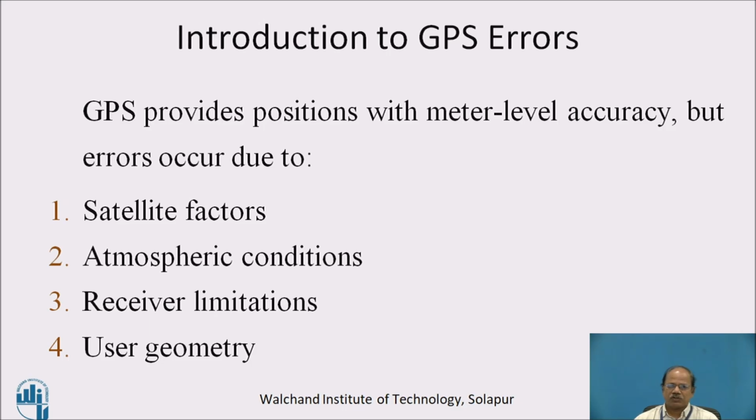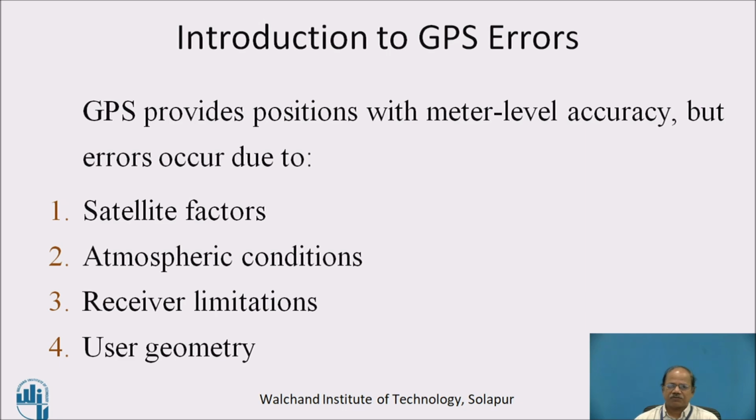You know that in global positioning system, the signal travels from the respective satellite up to the user's instrument. During its journey, it has to pass through several atmospheric layers as well as conditions.